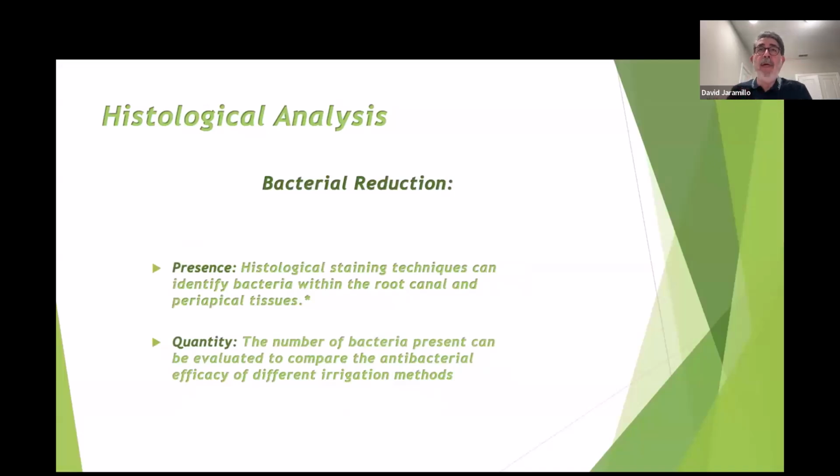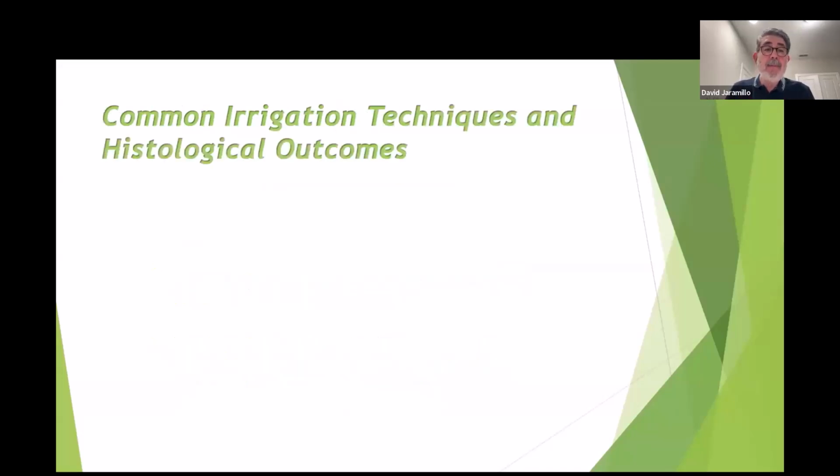Obviously, we have different staining techniques for tissue detection or for bacteria detection, right? With histological analysis it is very difficult to quantify the amount of bacteria, but we can see the presence of bacteria.